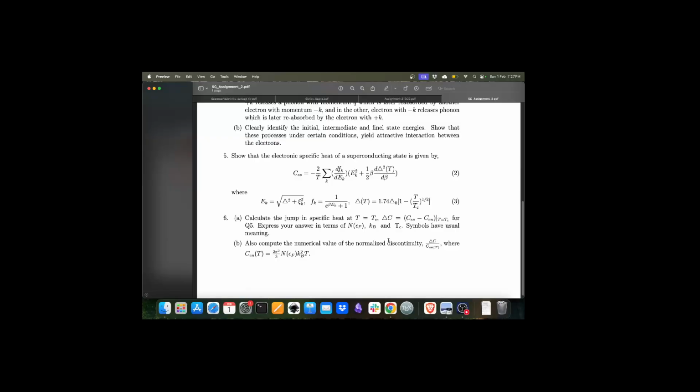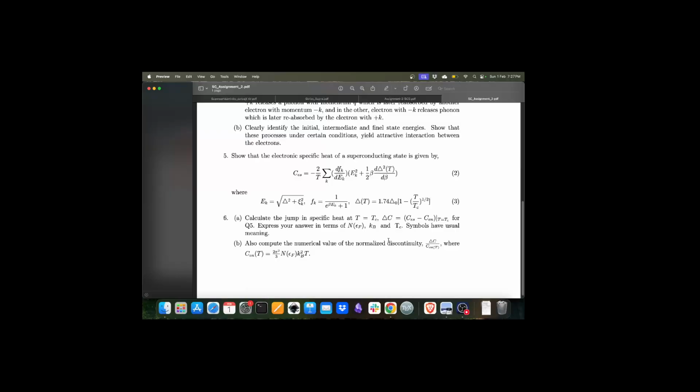So at Tc, let me figure out what CES is at T equal to Tc. The question says you use the result of question 5.